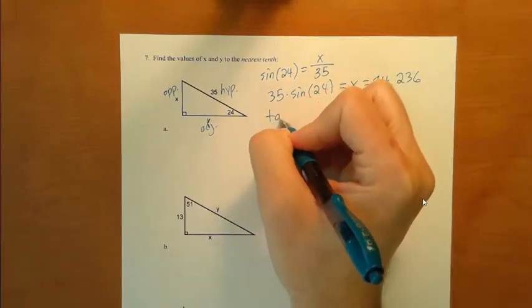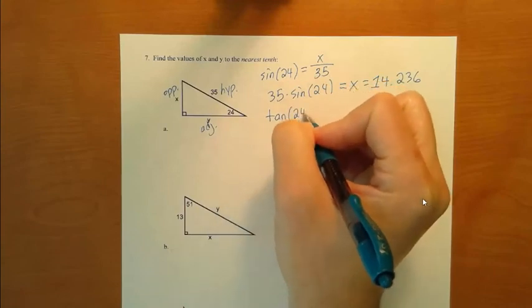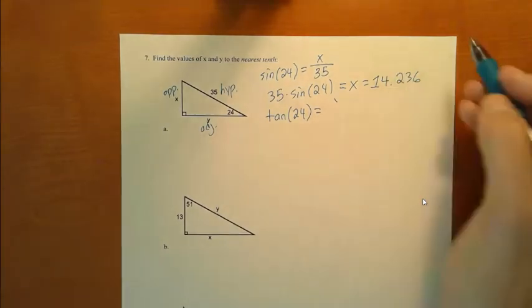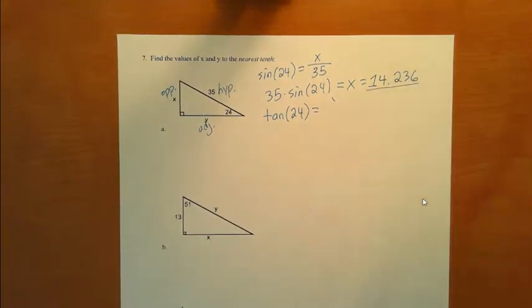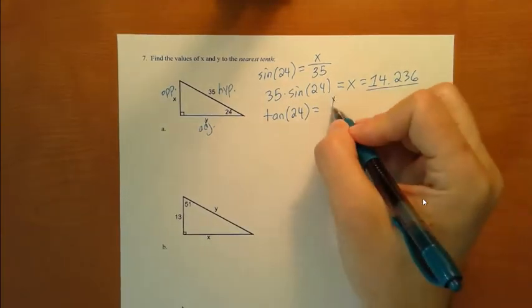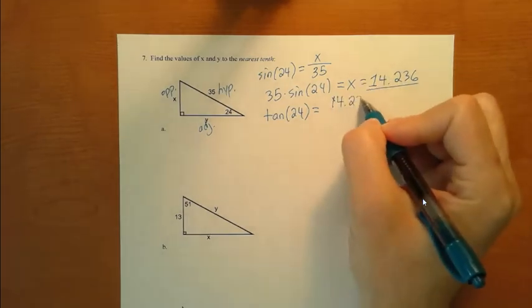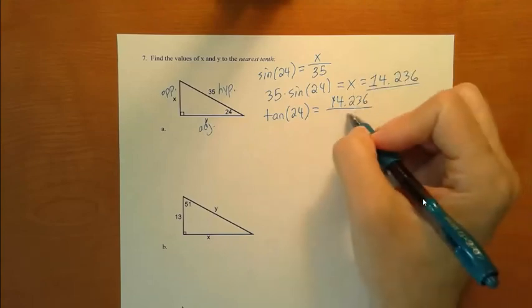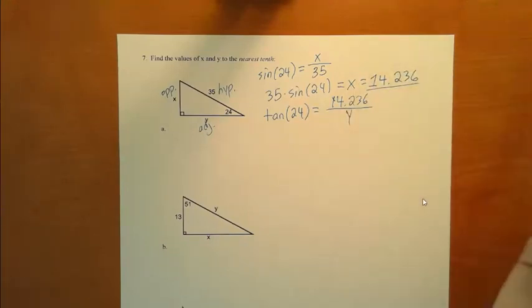So we could do the tangent of 24 degrees would be equal to opposite, which is our x, our new value right here, so that would be 14.236 over our missing y value.